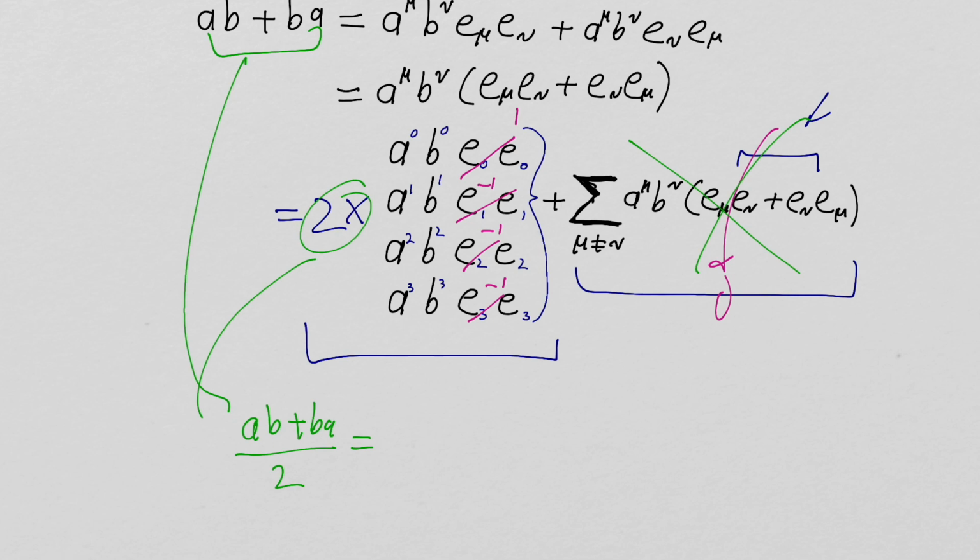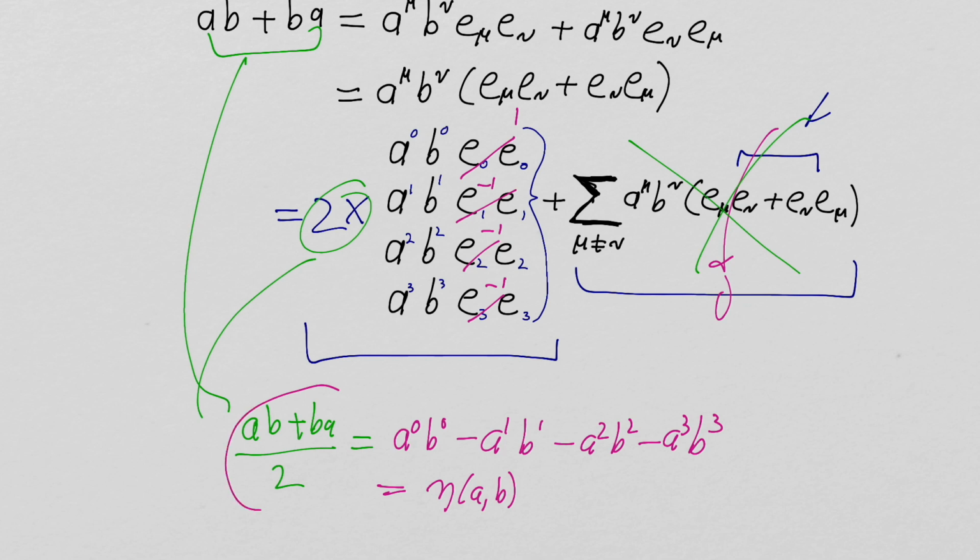So we end up with A0B0 minus A1B1 minus A2B2 minus A3B3, which of course equals eta AB. That's exactly the definition of this whole thing.